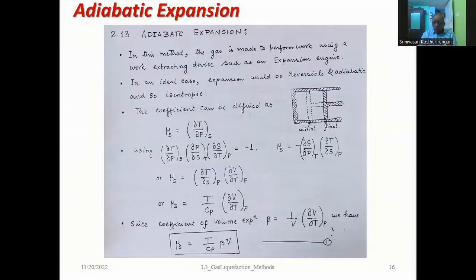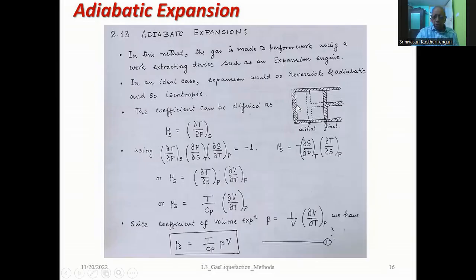Let us move on to adiabatic expansion. In adiabatic expansion, the gas is made to perform work using a work extracting device, which is nothing but an expansion engine. In the picture, you see a cylinder in which some gas is trapped.